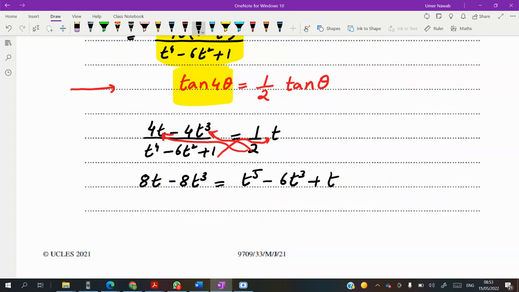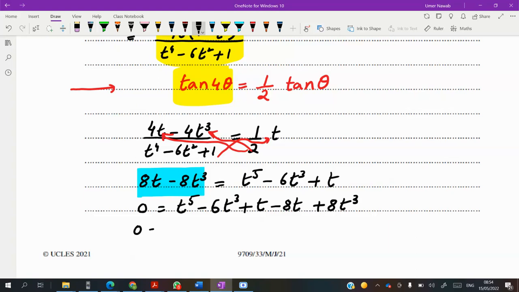Can you send all the left-hand side terms to the right-hand side? So if you do this, you get 0 is equal to t power 5 minus 6t power 3 plus t minus 8t plus 8t cubed. Can we simplify it?